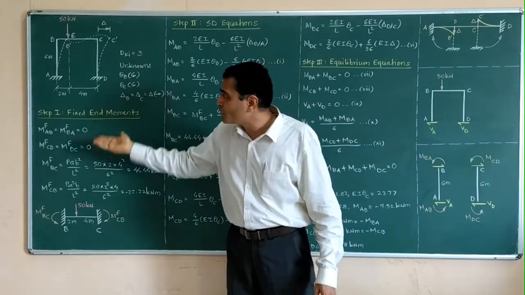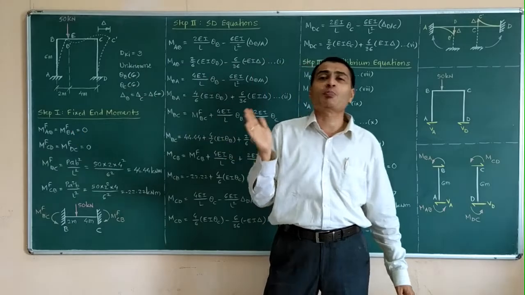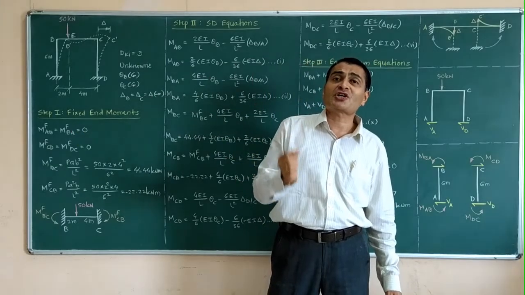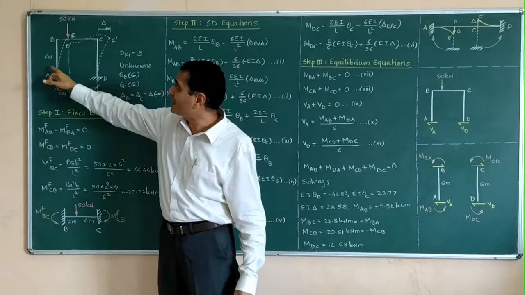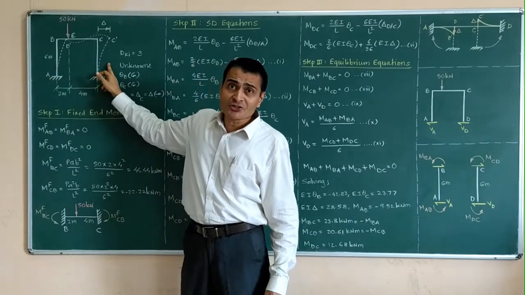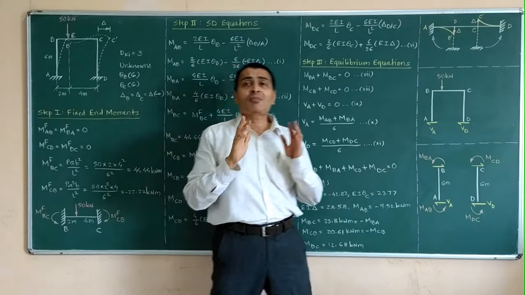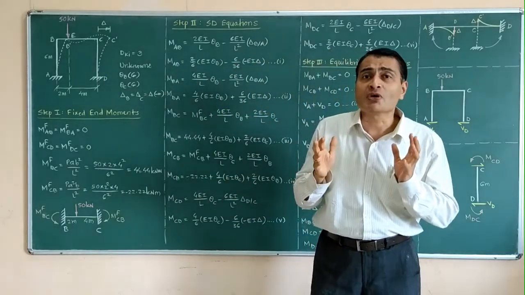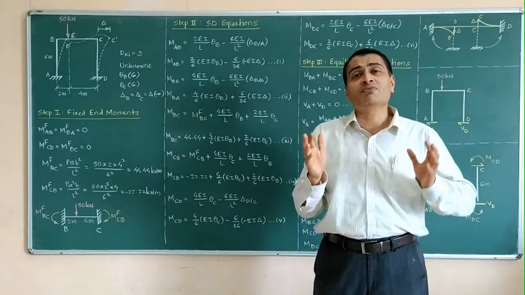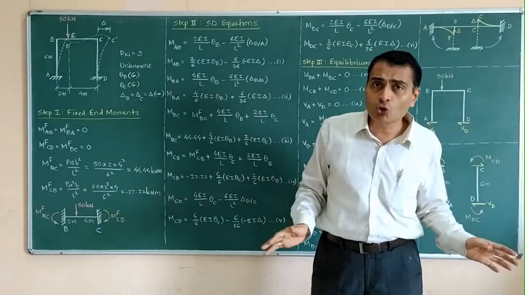Once this is done, we go as usual to step number 1, that is fixed end moments. No load on span AB, neither on CD, so MFAB, MFBA, MFCD and MFDC are all 0.